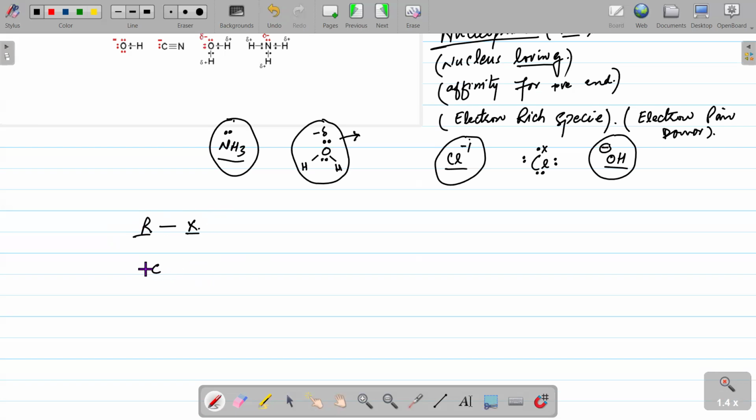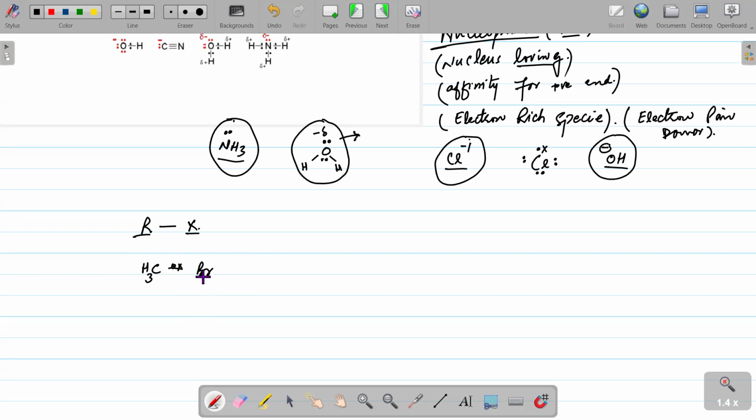So let me take this simple example, CH3, which is a methyl group, bonded with, let's say, Br, a halo group. First of all, in this case, is the pair of electrons between carbon and this halogen equally shared? No, it's not equally shared. Why?